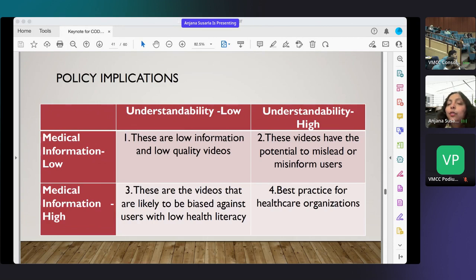So simple, if I consider a 2 by 2 matrix, with high understandable videos, low understandable videos, high medical information videos, low medical information videos, my method will simply provide a baseline by which a lot of spam content can be filtered out, and then there are some best practice videos that can actually be used for patient education purposes. So I think those are some implications of our work.